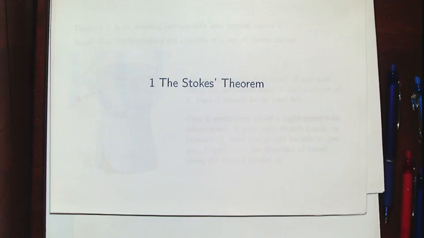Yes. No, left hand to be inside. It's called right-hand rule because you can do it with your right hand also. You assume your right hand is the person. Thumb goes to the direction of the surface, and then your fingers are pointing toward the direction of the boundary, and then your palm should be toward the surface.